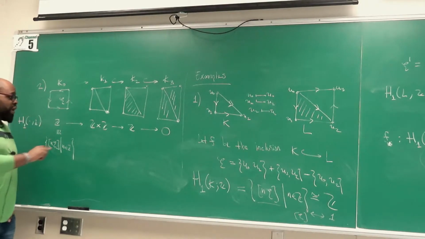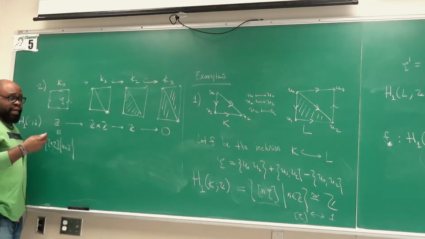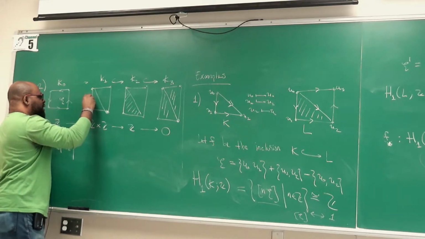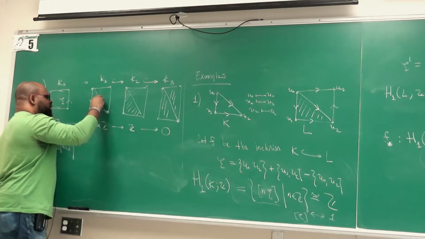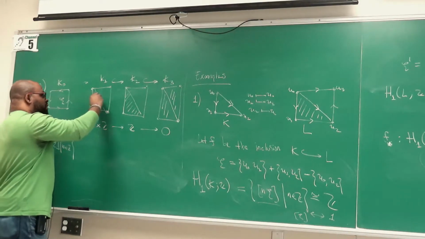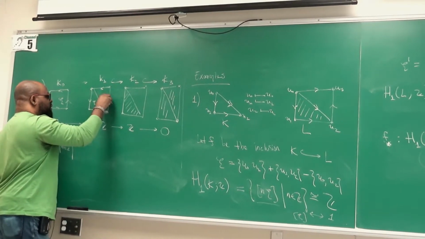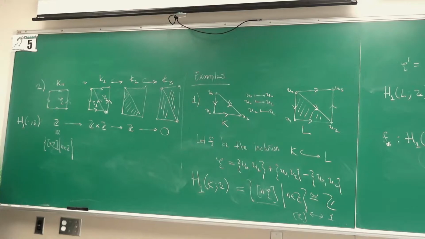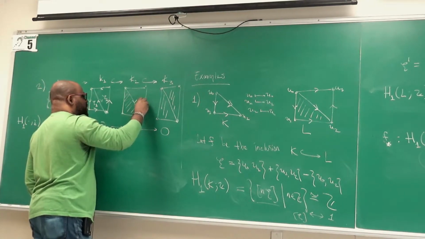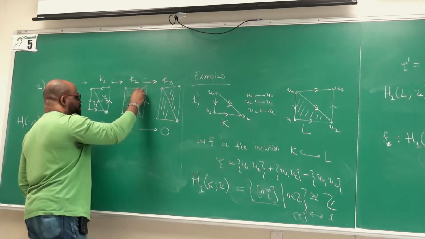When I look at this guy, I have several choices, but one choice would be to take this guy as my first zeta, and this guy as my second zeta. And in here, the choice would be that. This would be my zeta in here. Let me call it zeta prime.